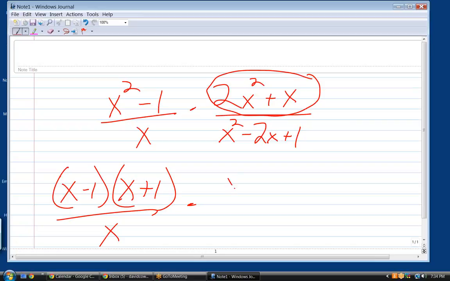But x does. When I pull an x out, what do I have left behind? x. Always remember that whatever I write right there times x has to equal 2x squared. So then 2 plus 2x.